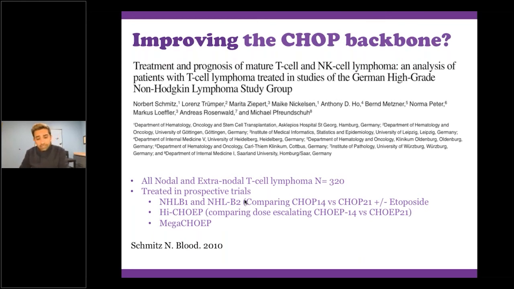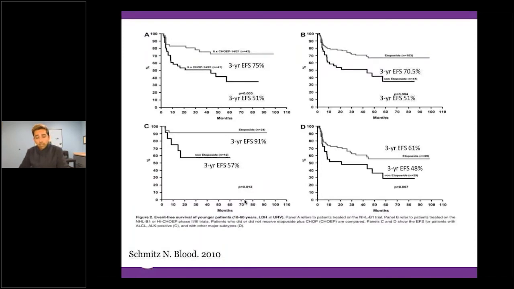This study that was published in 2010 looked at the effect of adding etoposide to a CHOP-like backbone. What they did is they took a few of their clinical trials where half of the patients got CHOP and half of the patients got CHOEP, which is CHOP plus etoposide or similar agents.